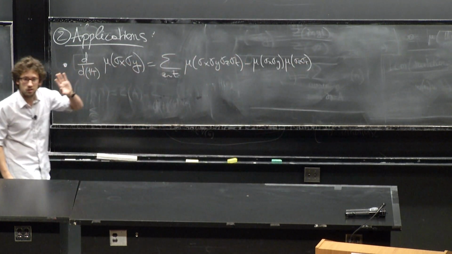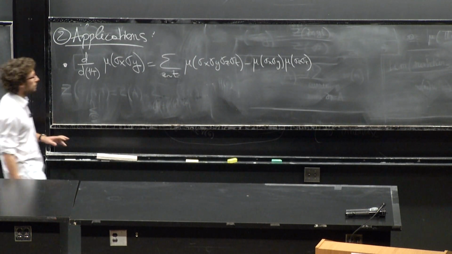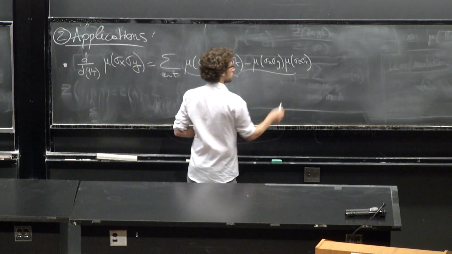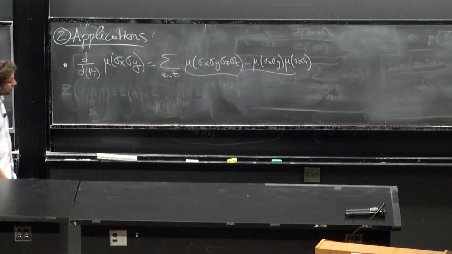Just differentiating in 1 over T, it's immediately what you get from the definition of the measure. It's a very simple computation. So this is going to be positive if this is positive.